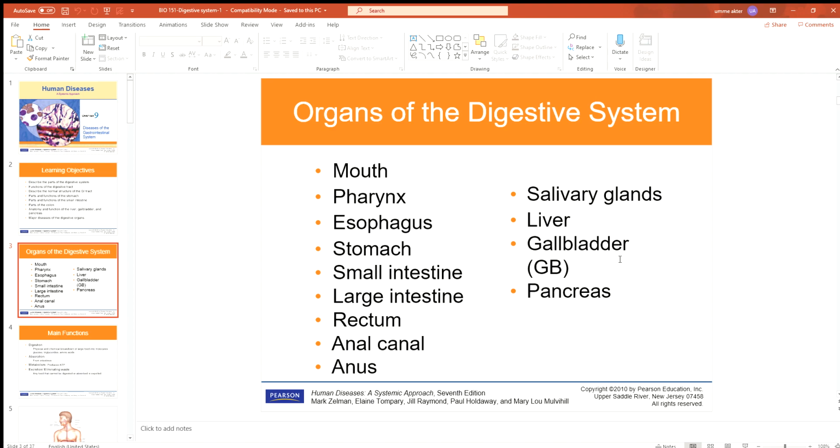Then you have the gallbladder, which is a pouch just under the liver, and it stores bile, and this bile helps to digest fat. When you eat more fat-rich food, contraction of the gallbladder occurs, and that ejects the bile, and the ejected bile enters the intestine and helps the digestion of lipid or fat.